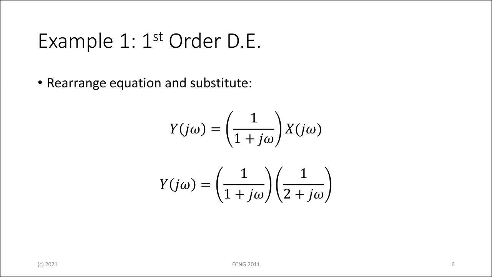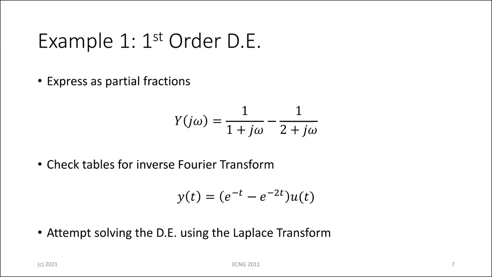Excuse me for half a second. Right. So you break it apart and you solve for A and B, however you're accustomed to doing, and then you check the table for the inverse Fourier transform, and here's your answer.